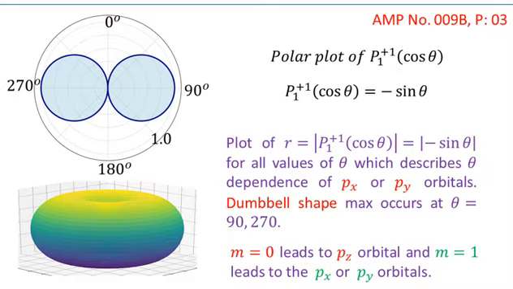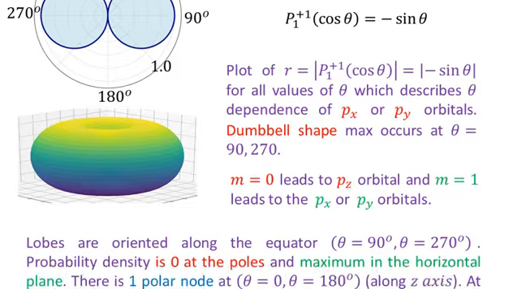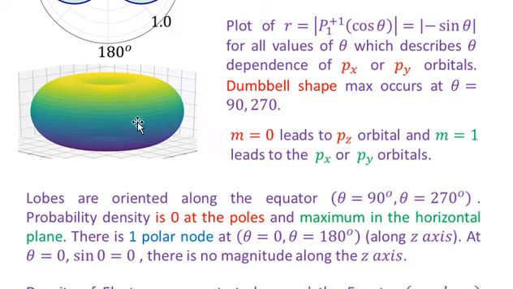all the other values on the xy plane are identical, because at all points on the xy plane, the value of the angle will be 90 degrees and 270 degrees. So either we particularly talk about the x-axis or the y-axis or any other angle on the xy plane, because at all points of the xy plane we have the angles 90 degrees and 270 degrees, and then of course we have this form of the torus or the donut.